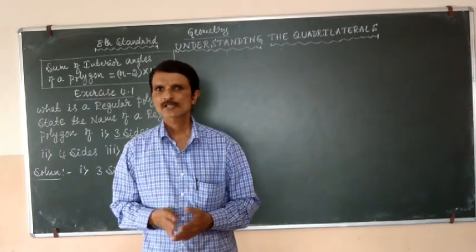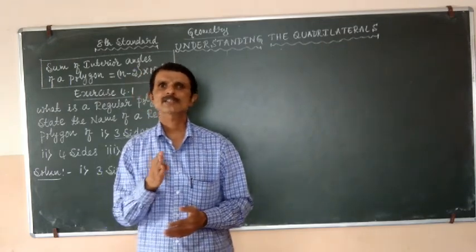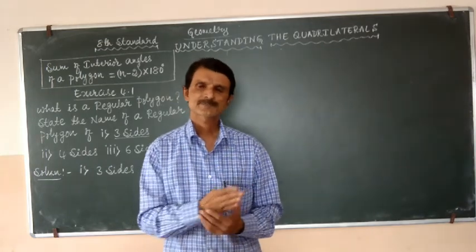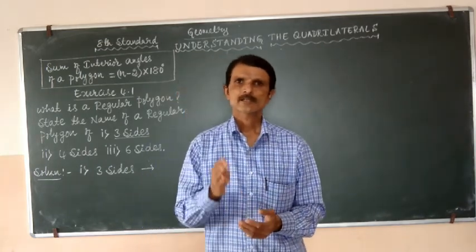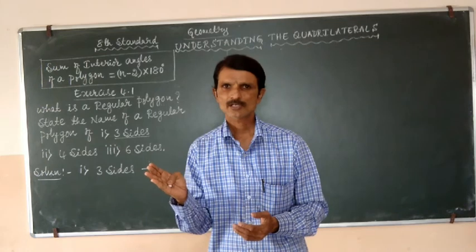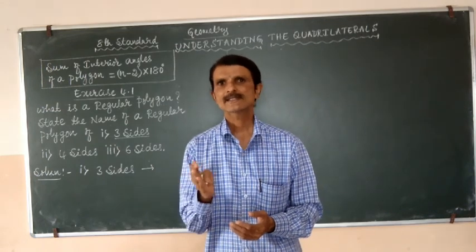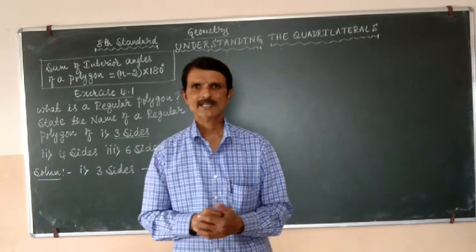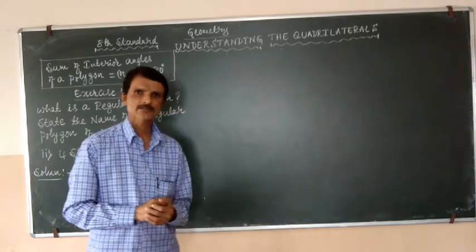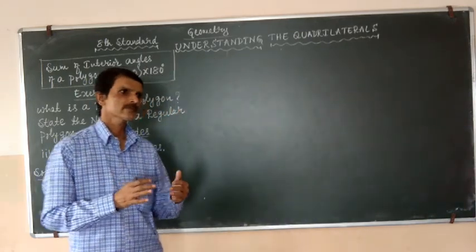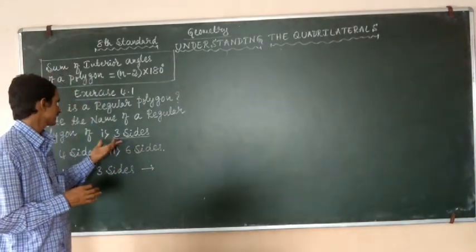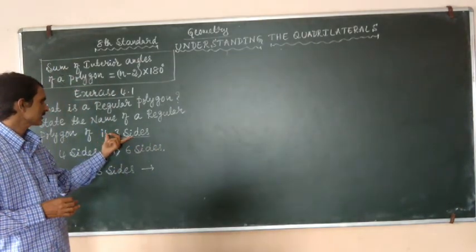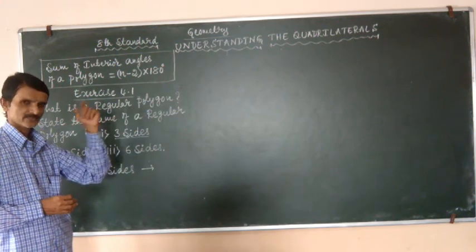So regular polygon means it is a polygon in which all the sides are equal and all the angles are equal. So it is called a regular polygon. Now we have to name the regular polygon with 3 sides.